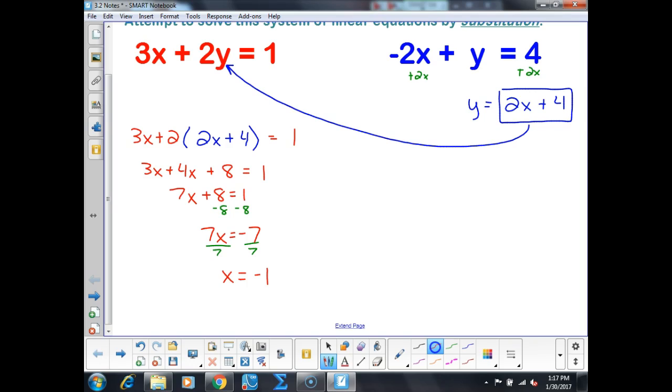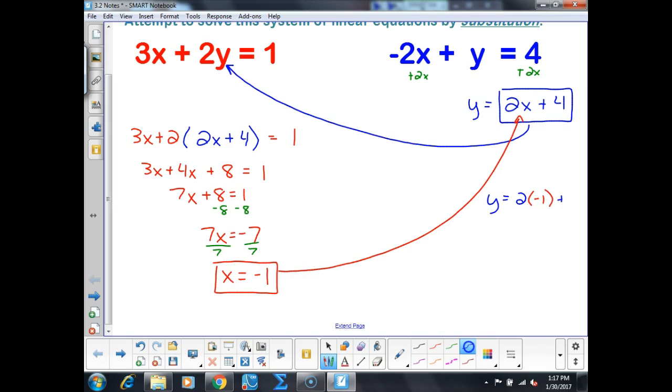So I'm going to take this and put it where? Back in there, right? So then this would be y equals 2 times -1 plus 4.